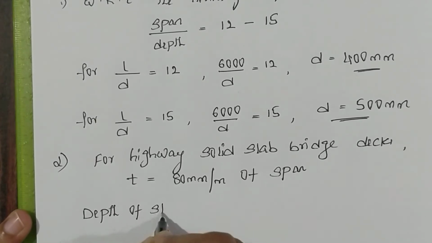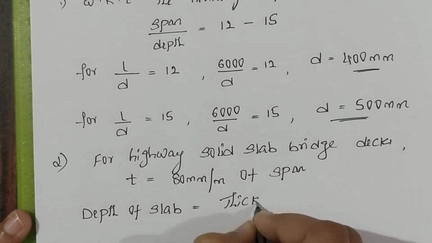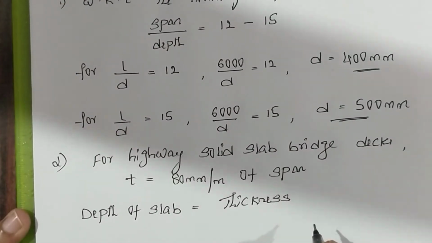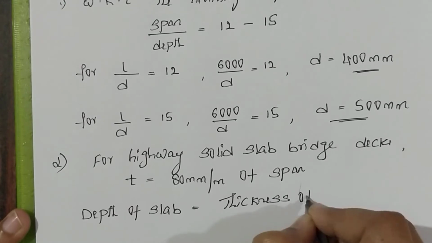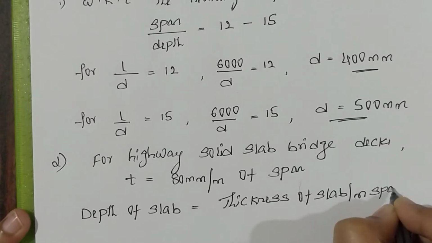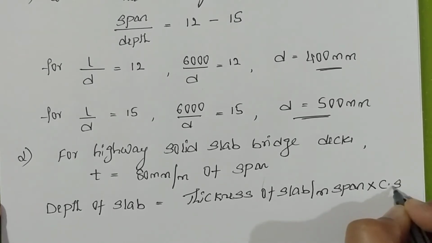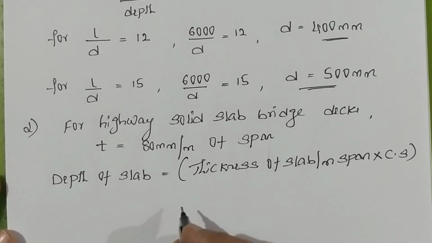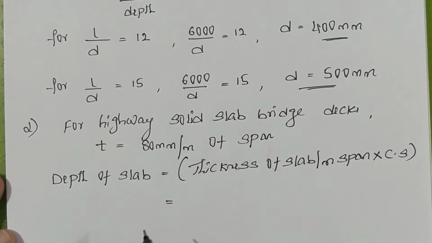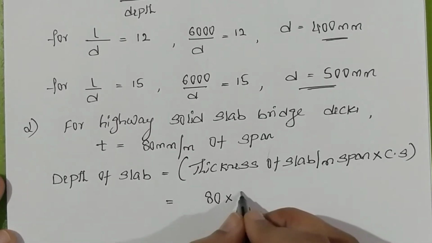Depth of slab will be equal to thickness of slab per meter span multiplied by clear span, that is 80 multiplied by clear span, it is 6 meter.